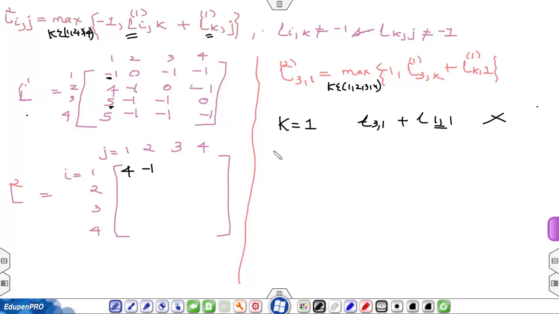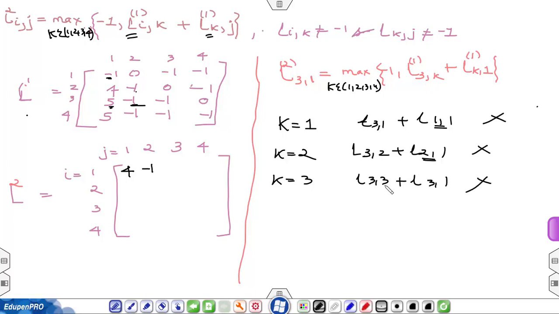One element is negative. So k equal to 2, L of 3 comma 2 plus L of 2 comma 1. L of 3 comma 2 is negative, invalid. No need to check L of 2 comma 1. K equal to 3, it is L of 3 comma 3 plus L of 3 comma 1. L of 3 comma 3 is negative, invalid.